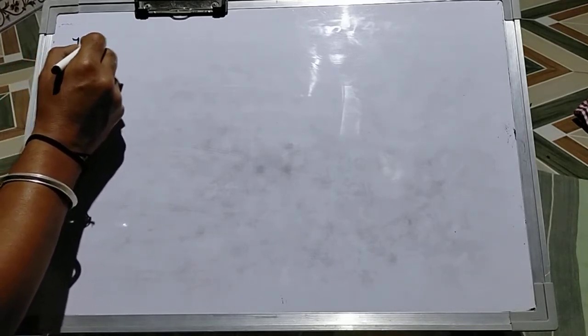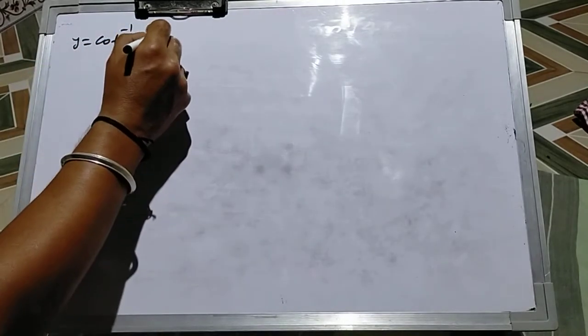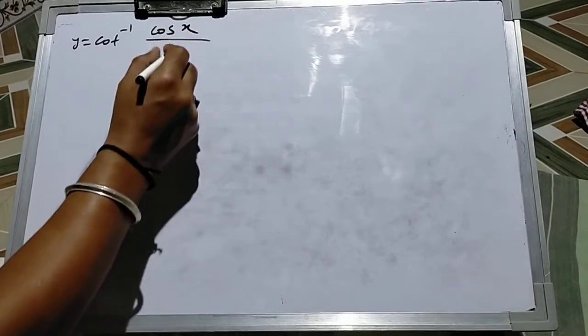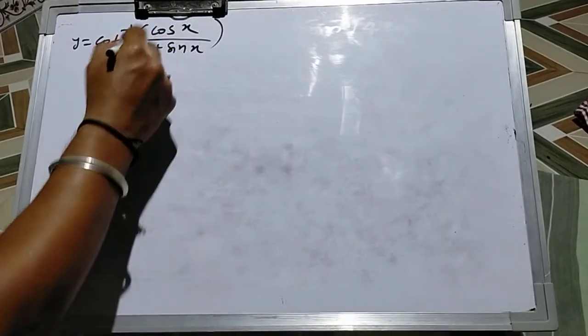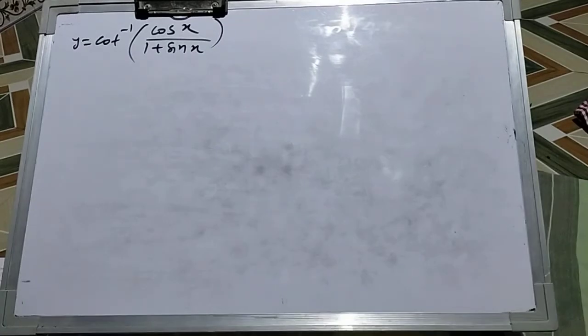The next one, y is equals to cot inverse of cos x divided by 1 plus sin x. Cos x divided by 1 plus sin x.